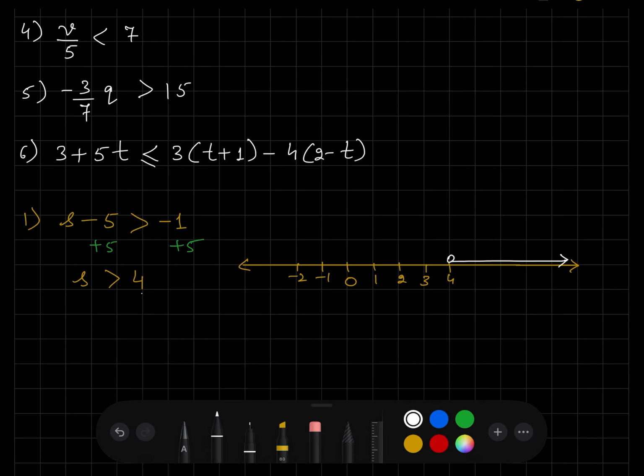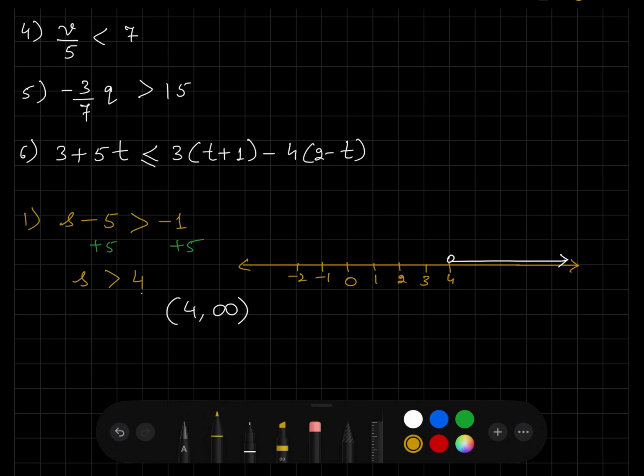In interval form, I can write it as open parenthesis 4 comma infinity. Infinity is also open, since the number is unending. This would be our solution set.